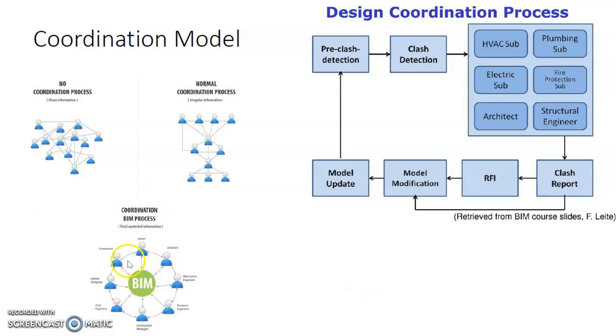So if everybody is looking at the single source of truth, it's easier to be able to resolve the problem. So that is the advantage of using this VDC program, which uses BIM as a backbone.